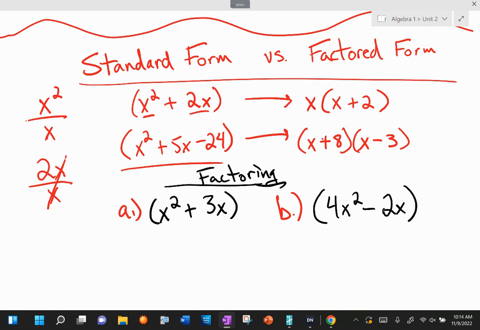I'm cold. No, that's not cold. It's only 76.